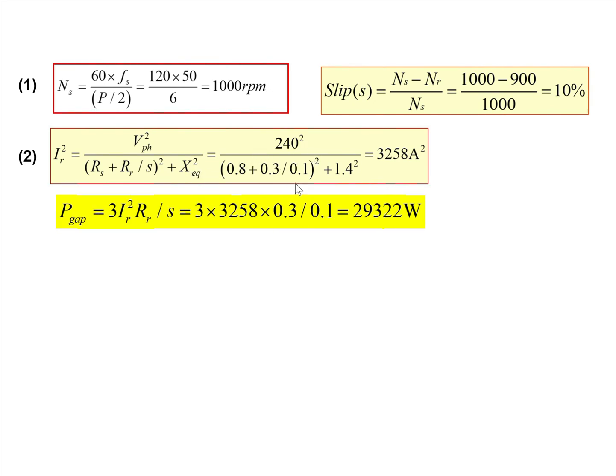Then plugging the numbers, you will get the value of the current in ampere square. Now taking this value and plugging it here, we will get the value of the power that has crossed the gap in watts. Now if you are not sure about how we got this value over here, you need to get back and understand how to calculate the magnitude of a phasor value.